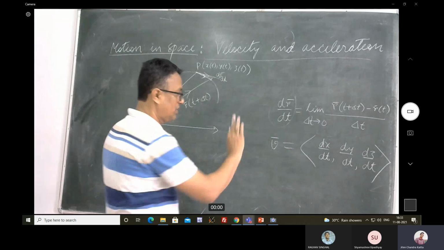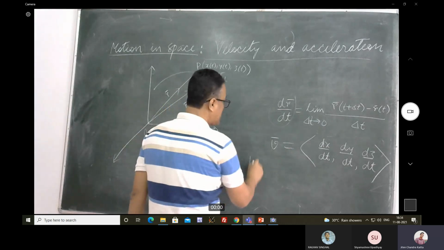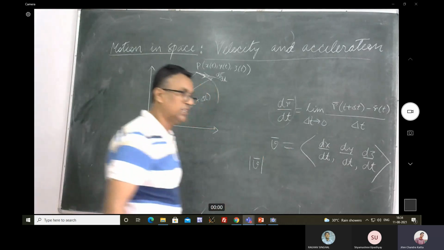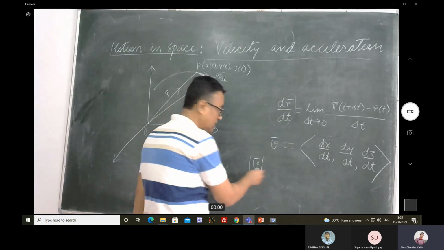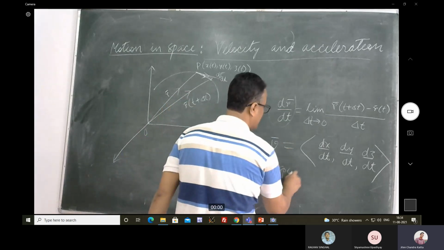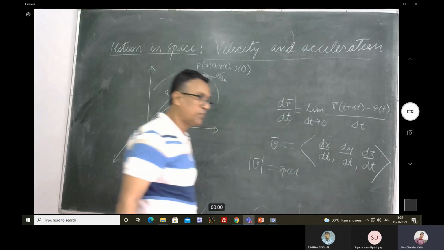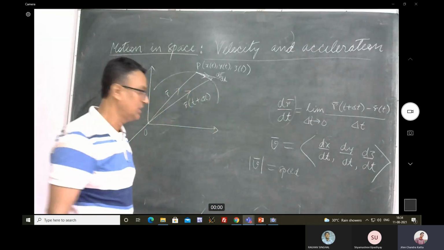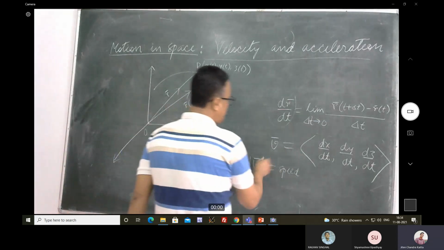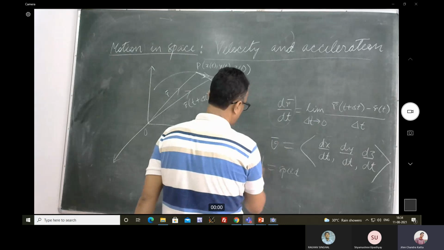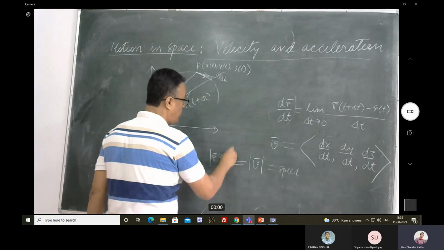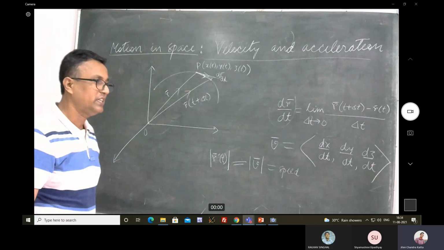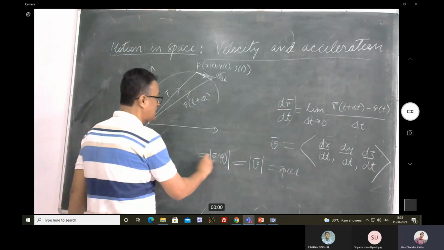Now, when I consider the magnitude of velocity, it is simply the speed of the particle, isn't it? If I look at the magnitude of velocity, you know that this is simply the modulus of r prime t. And what did we find earlier?